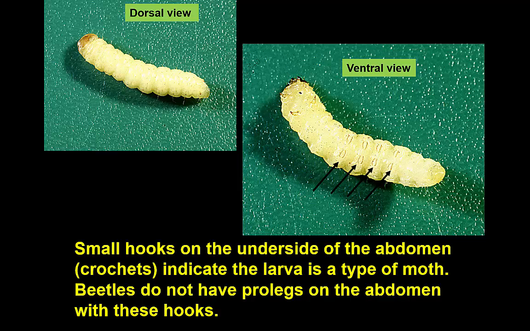So here we have two pictures of the peach tree borer, supplied to me by a colleague, David Shetler. The dorsal view, you can't see the prolegs, of course, but you flip them over, and there are those short prolegs with those little crotchets, those little hooks that indicate that this is some kind of Lepidoptera larva. And if it's a Lepidoptera larva that is boring in a tree, it's usually in the family of clear-wing borers.